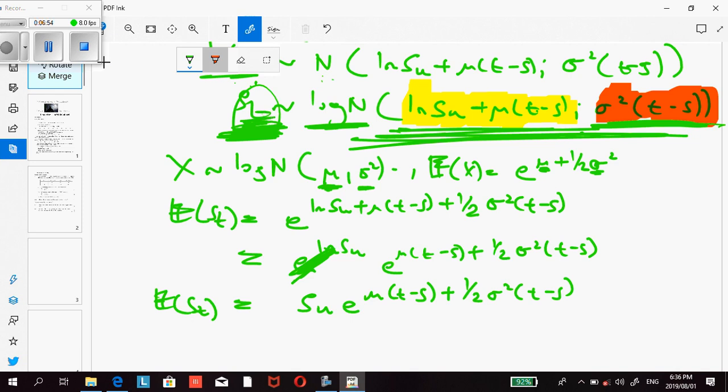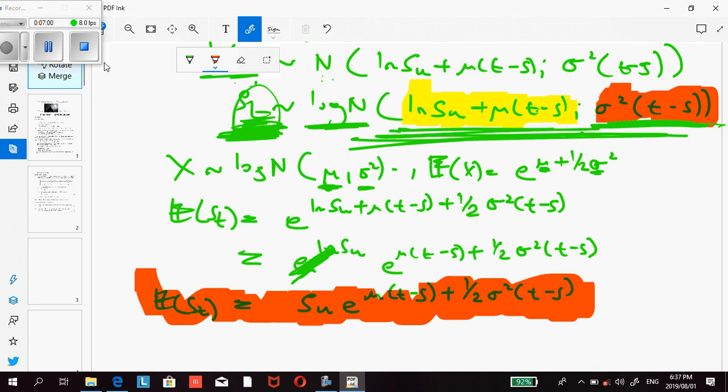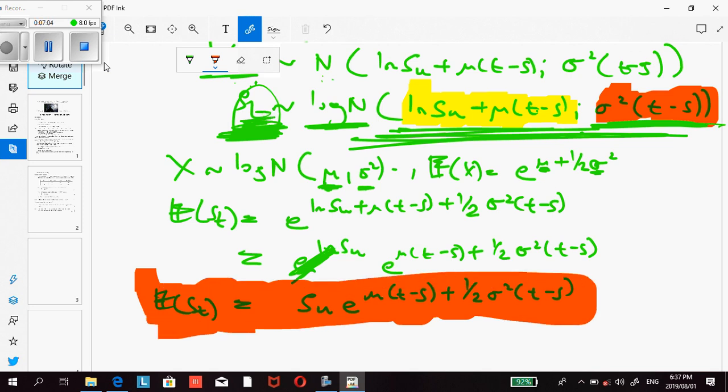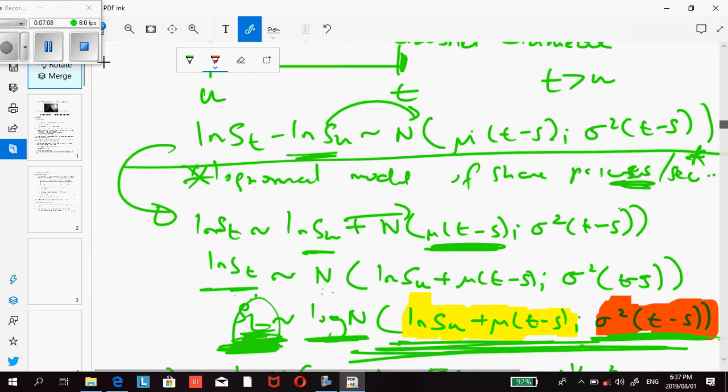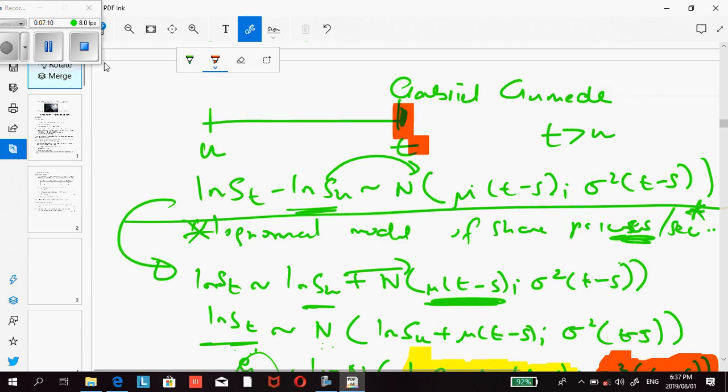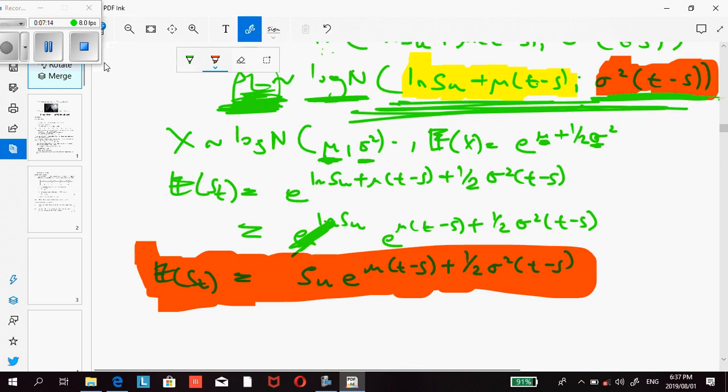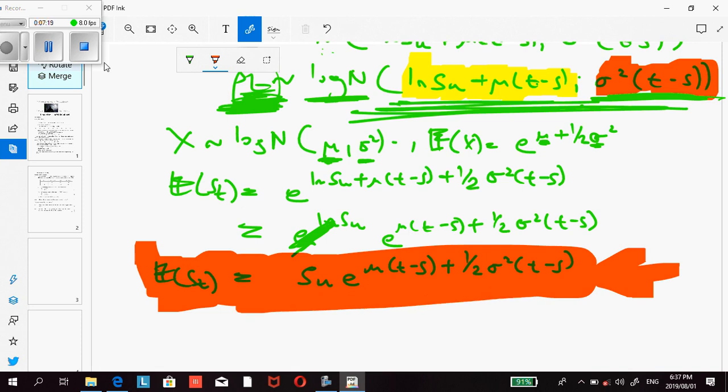Now, this is actually what they usually show in your exam papers without knowing where it is coming from. So the expected value at time t, which is the end of the period, is given by this expression, which you know because you've been practicing it. So I was showing you this in case you forget it.